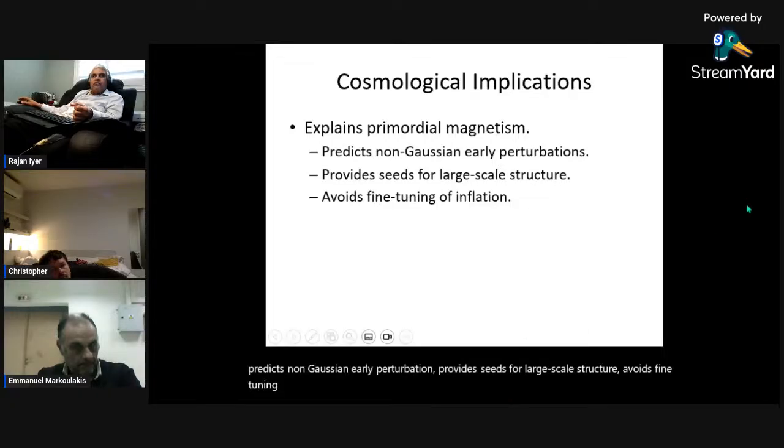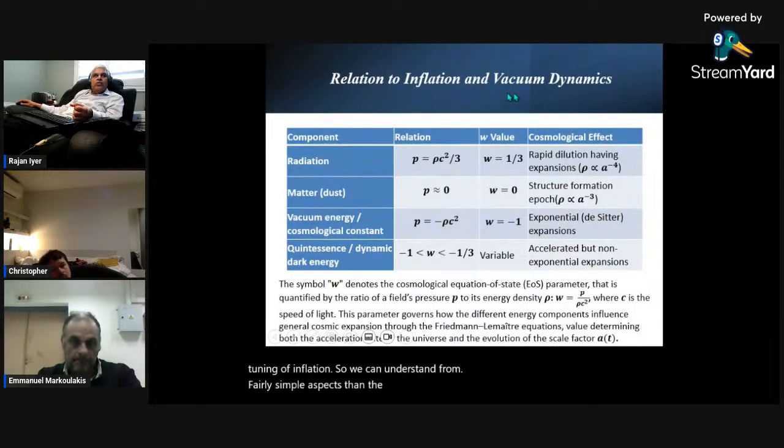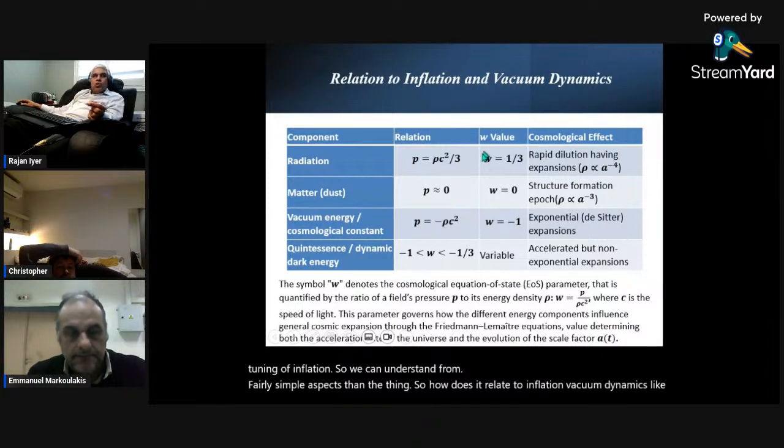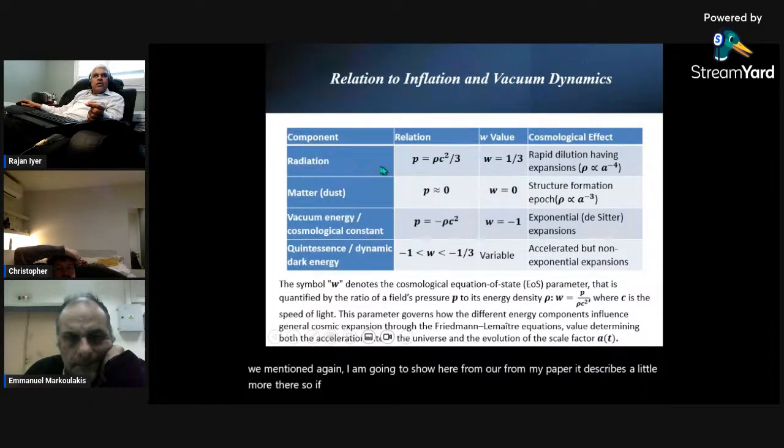So we can understand from fairly simple aspects. So how does it relate to inflation and vacuum dynamics, like we mentioned? Again, I am going to show here from my paper, and it describes a little more there. If you talk about the radiation aspects, we have the field pressure to energy density aspects, right?